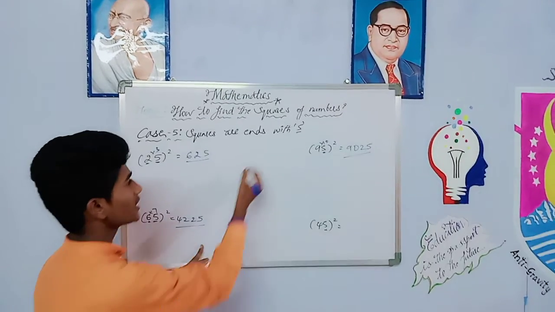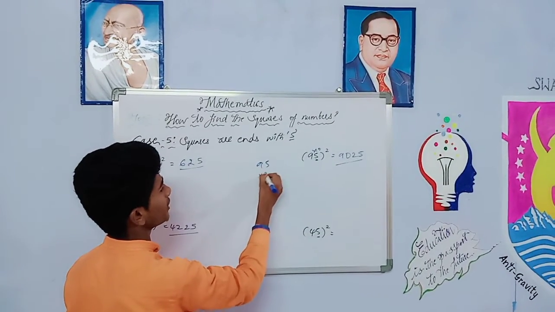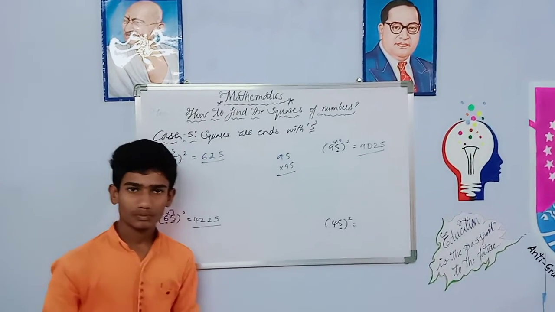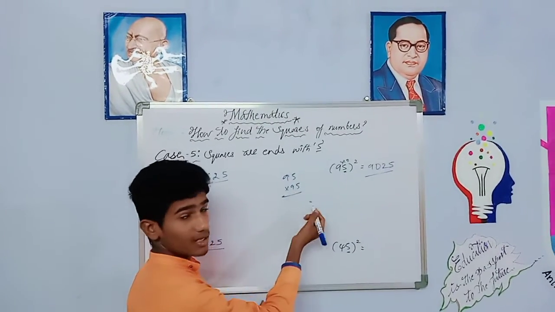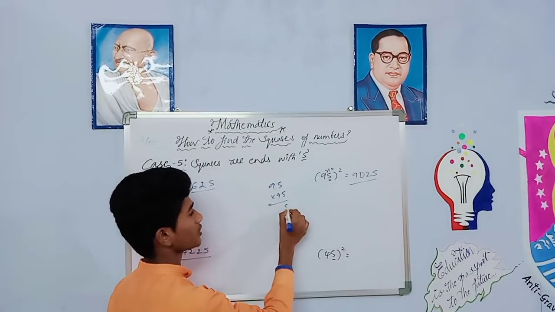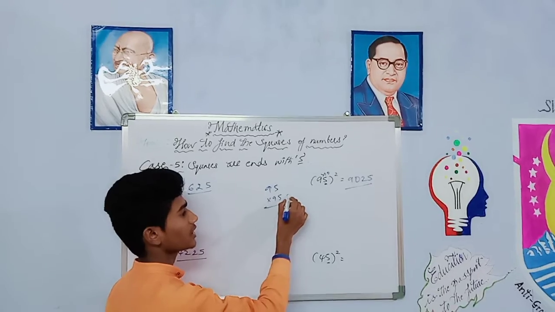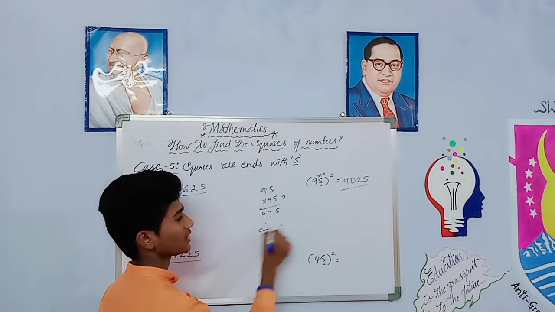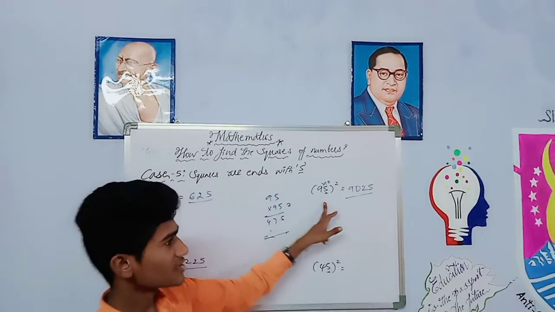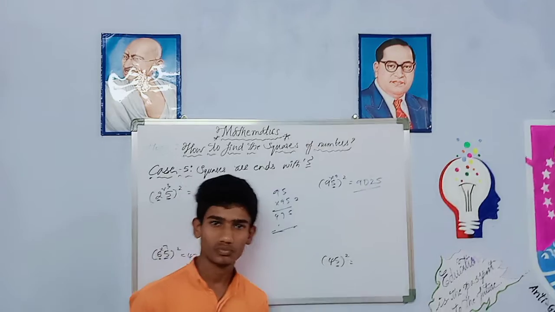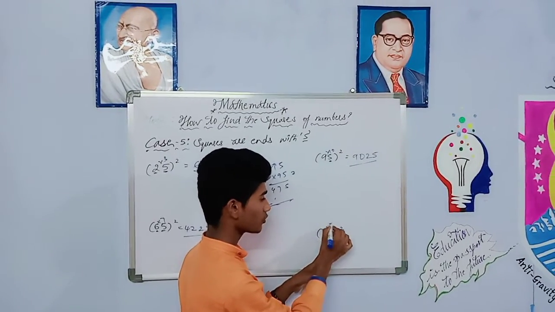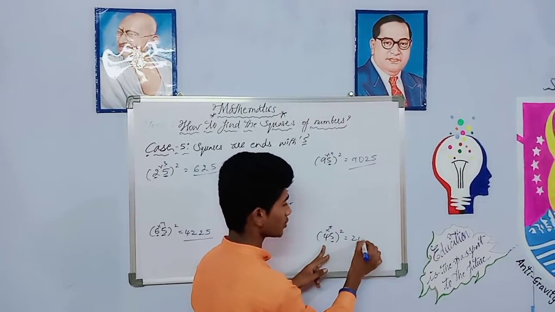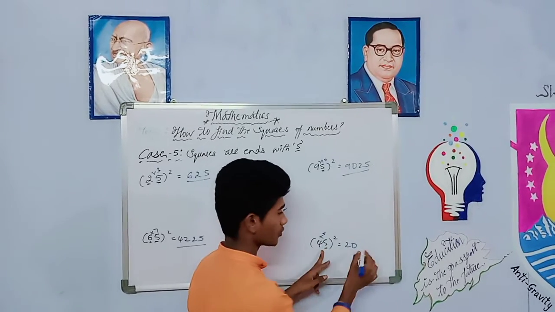If you do generally multiplication like this, 95 into 95, you won't get the 95 table directly. So by these tricks you can get the simple answer. Next, 45 squared: after 4 we get 5. So 4 times 5 is 20 and 5 squared is 25. So 2025.